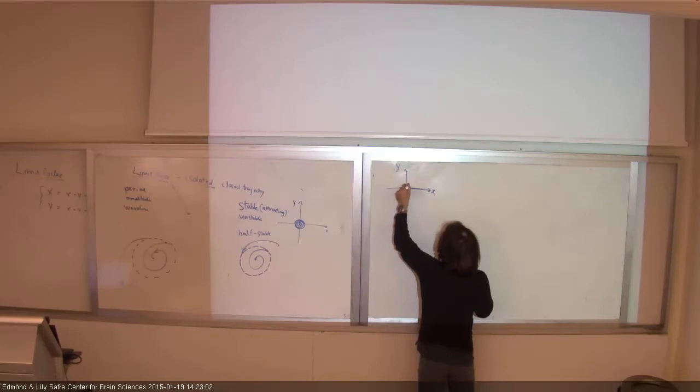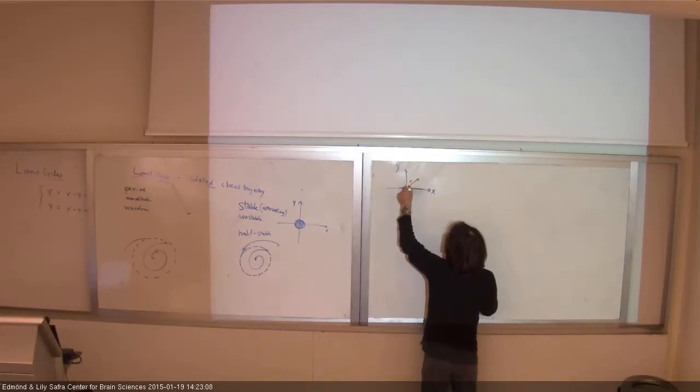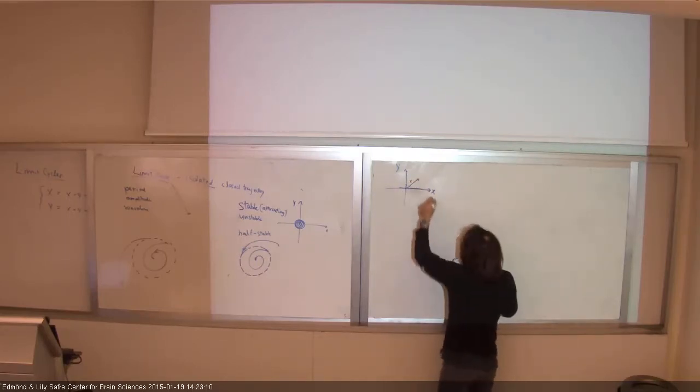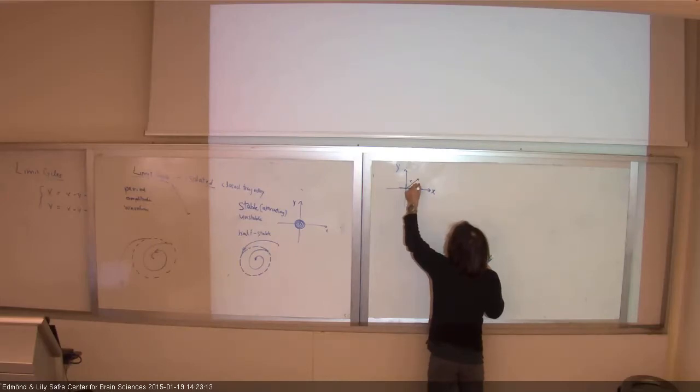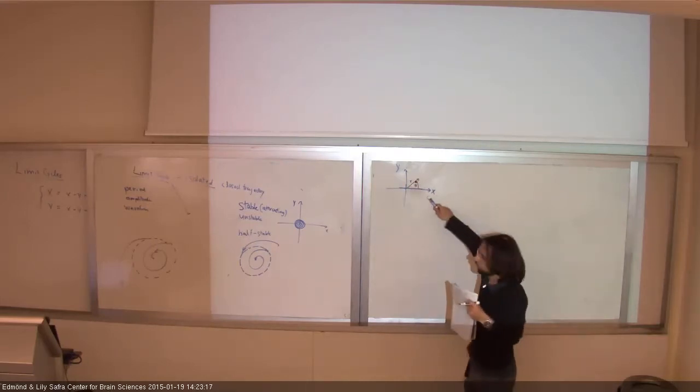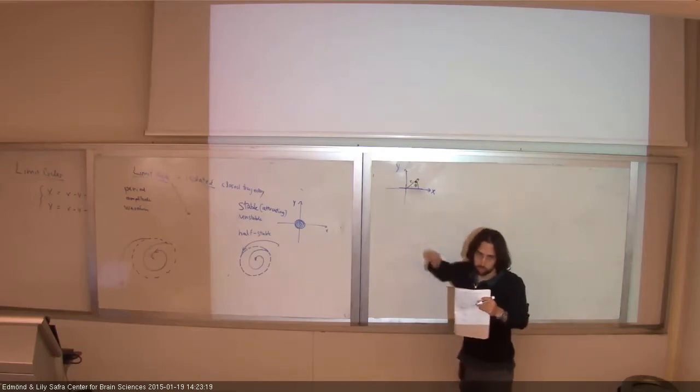To describe points with polar coordinates, we use two coordinates. We use r, that's the distance from the origin, and we use theta, that's the angle from the x-axis in the counterclockwise direction.